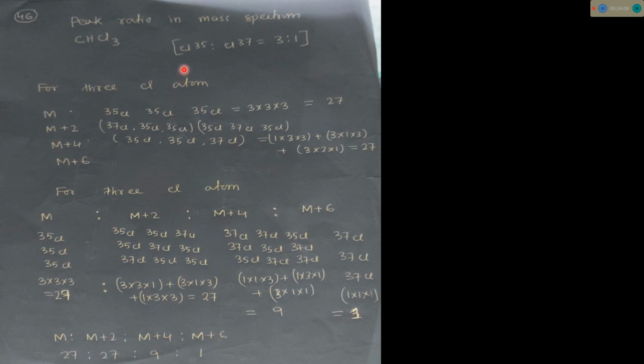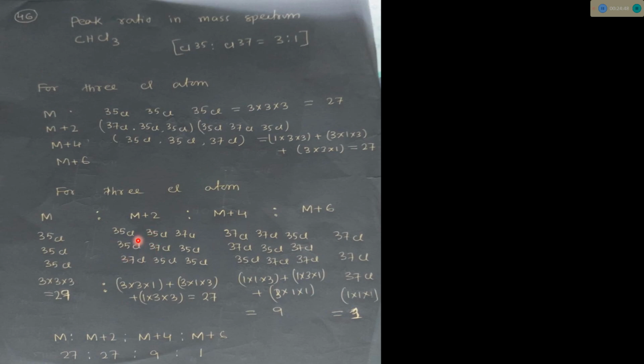So the Cl35 to Cl37 ratio is 3:1. We already know from mass spectrometry how we calculate the ratio. For M, all 3 chlorines are 35, so the mass of chlorine is 35. For M plus 2, among 3 chlorines, 1 chlorine should be 37. So since there are 3 chlorines, one combination is 2 chlorine 35 and 1 chlorine 37, which becomes M plus 2.